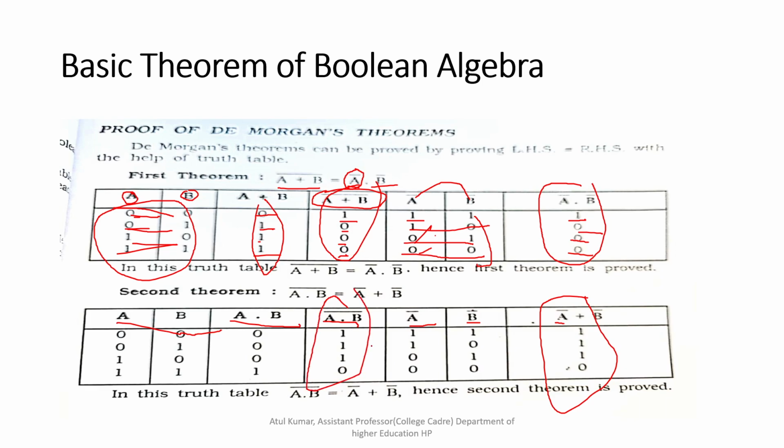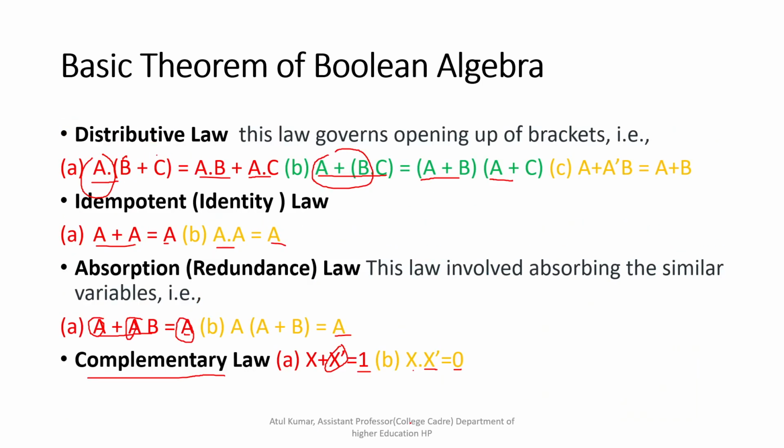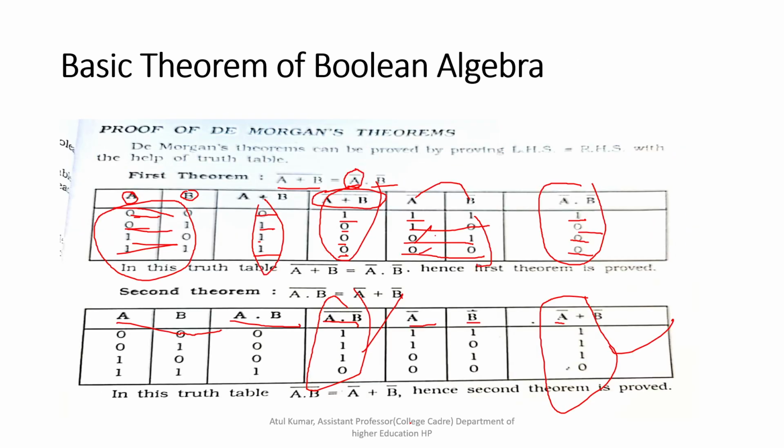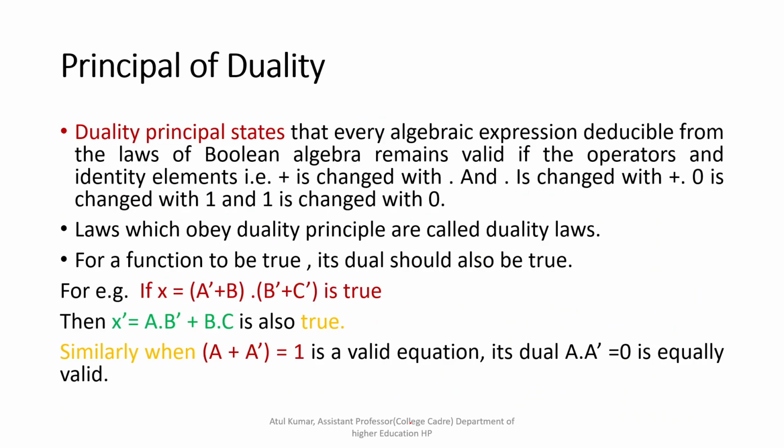Here we can see the result is the same, hence the left hand side is equal to the right hand side, hence the second theorem is proved. In this way you can prove other important laws or theorems of Boolean algebra with the help of a truth table, similar to how we have proved De Morgan's theorems.